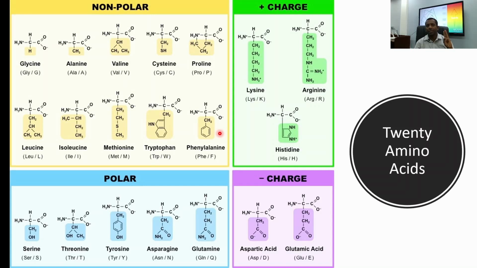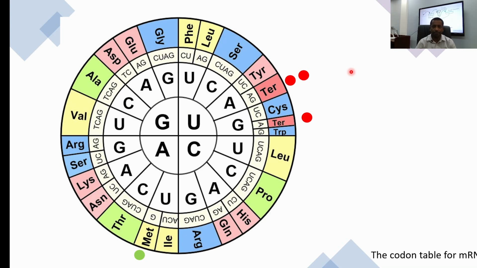But if 3 nucleotides contribute to a given amino acid, we can have 4 to the power 3, which means 64 different combinations. But we only have 20 amino acids, so a 3 nucleotide code is more than enough to create these 20 amino acids. We'll see how it's been done.